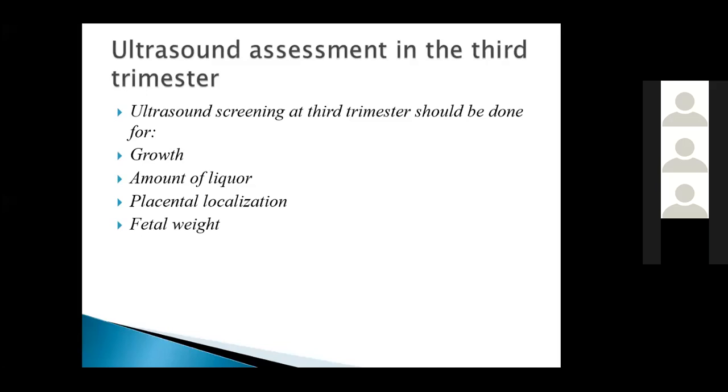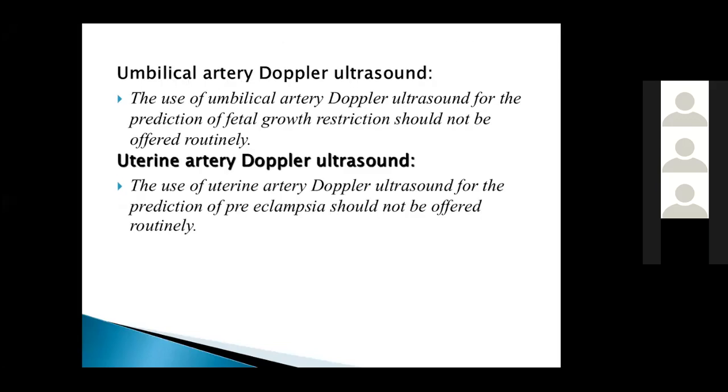Ultrasound is one of the most important investigations during pregnancy, because it will help you to assess the growth of the baby, amount of liquor, placental localization, and fetal weight. Umbilical artery Doppler, we do not recommend in every patient.